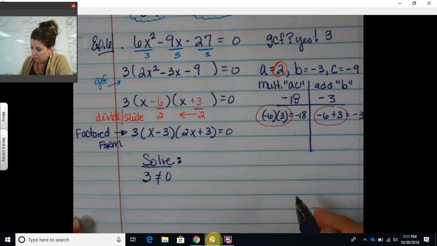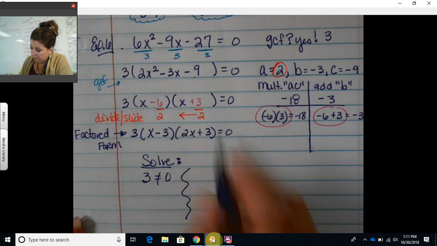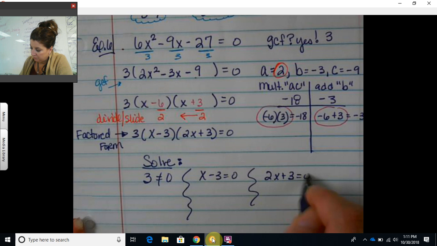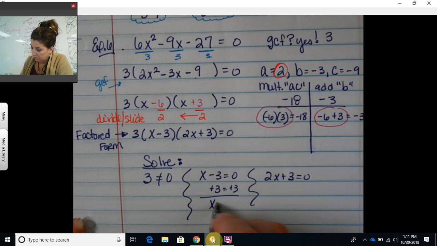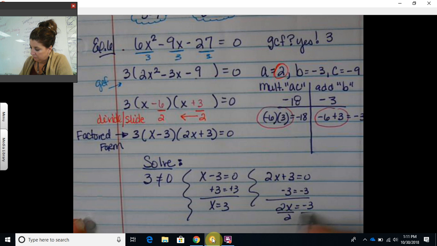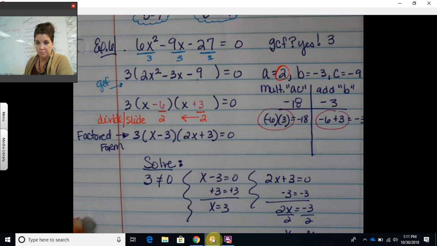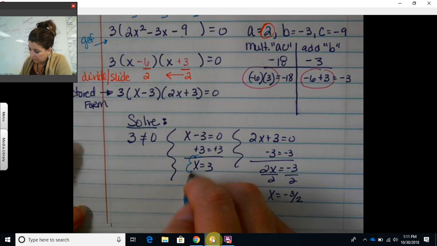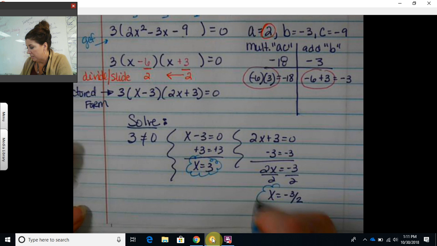The factors with the variables will give me a solution. Coolio? Does anybody have questions about that?